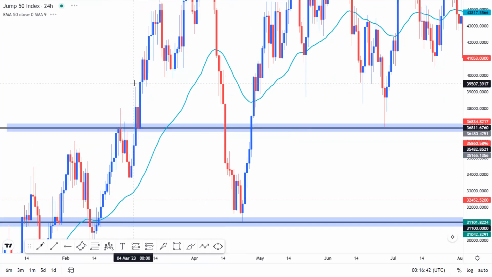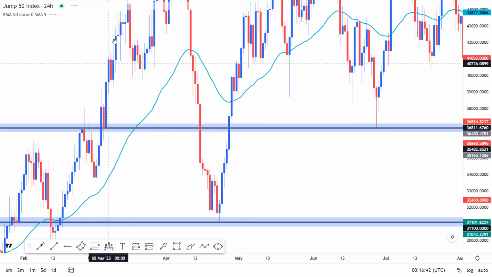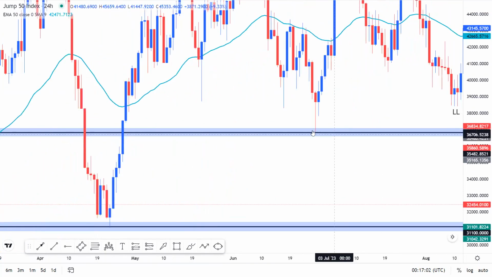And then we had a break above the level, only to retest the level from the upside. And then we had a huge price rally to the upside. And then we had the third time, price coming to the level from the upside. And as soon as we tested the level, we had a huge price rally again to the upside.